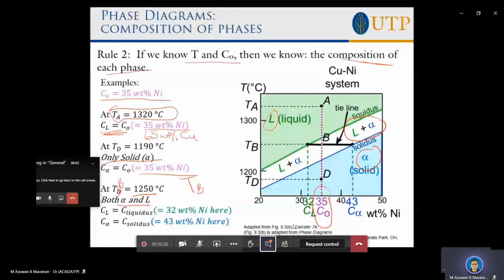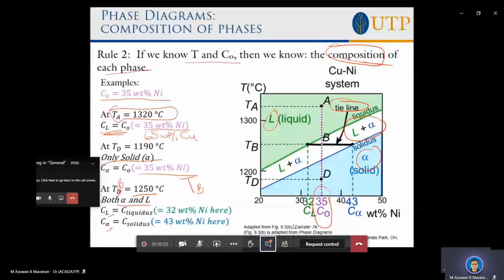Now we need to ask, what is the composition of the two phases? What is the composition of the liquid? What is the composition of the alpha solid? Okay, how do I do? I draw a tie line.